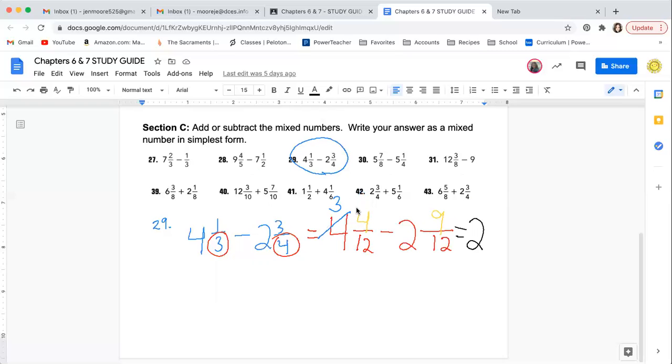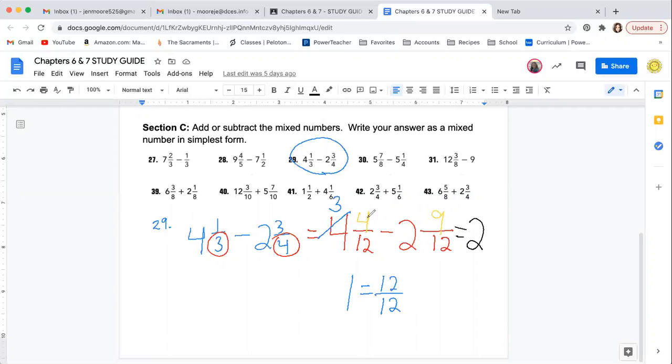We don't want to add 10. We want to add, well, what is the value of a whole in terms of this fraction? This fraction is out of 12s, right? So I have to use 12 as my value that I'm combining with this numerator to represent one whole.